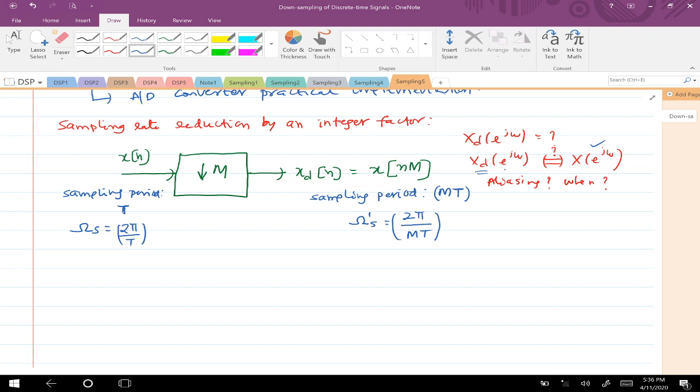For example, x of n, I take it, you multiply it with an impulse train that has an impulse at every alternative n value, right? If I want to do it by M equal to 2, downsample it by a factor 2, it should have an impulse at every alternative. So the time period in the discrete domain is 2, in other words.